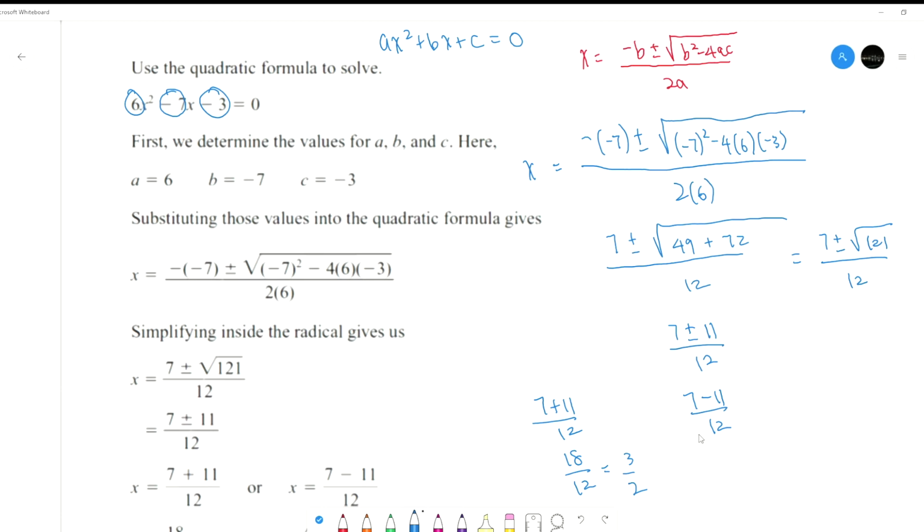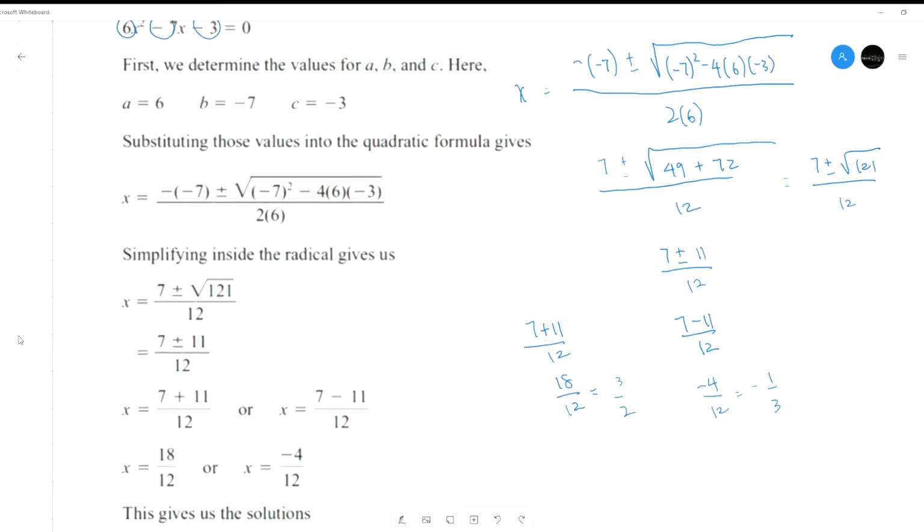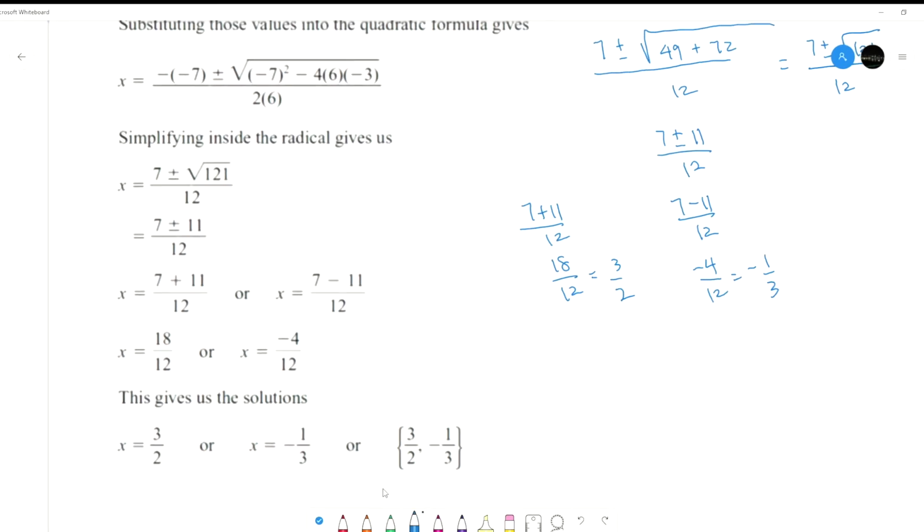And for the second, this is negative 4 over 12. So you get negative 1/3. At the very end, you should write it as two solutions: x is equal to 3/2 or x is equal to negative 1/3. We don't use set braces too often here, so you don't have to write it this way.